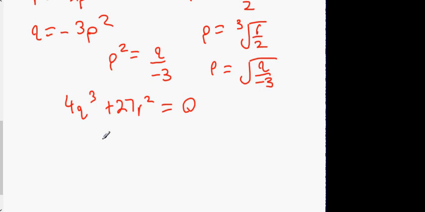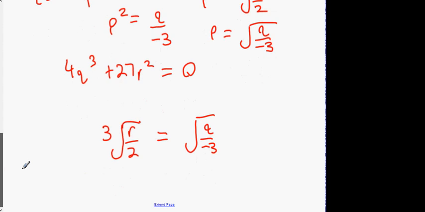So, what we can now say is p equals p. So, we can say the cube root of r over 2 equals the square root of q over minus 3. As it turns out, we're going to have to do my trick anyway. So this is going to be r over 2. What's another way of writing the cube root, lads? Does anybody remember? In a power mode.